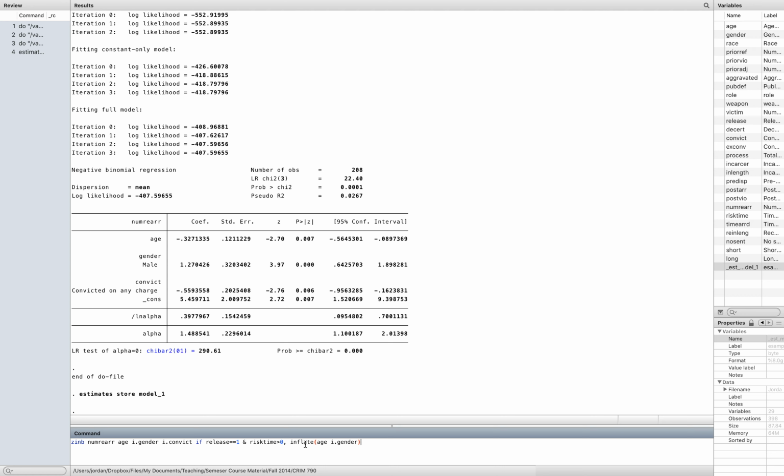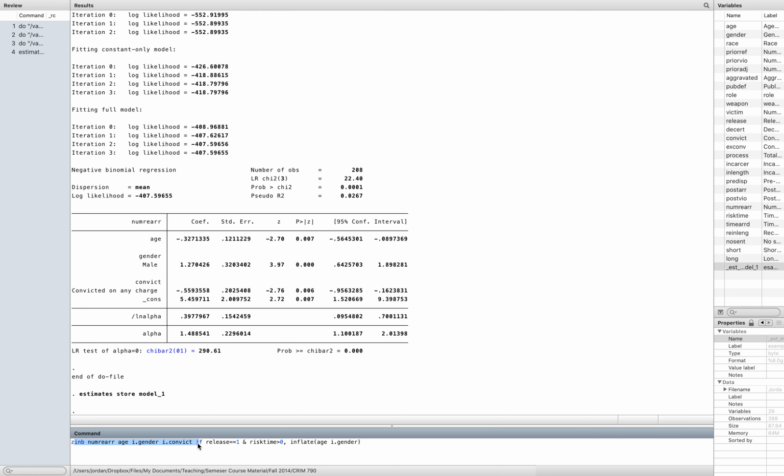So the first model that it runs is the logit model to predict the membership in the certain zero category. And the second part of the model is a negative binomial regression, where it's looking at the count model of those who are in the not certain zero category.